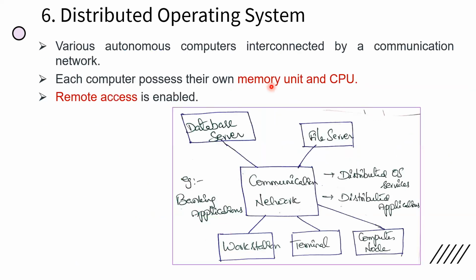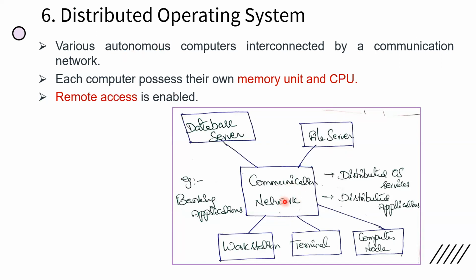The next type of operating system is a distributed operating system. Here, various autonomous computers are interconnected by a communication network. You can see in the diagram the database server, file server, a workstation and a terminal, all connected to a communication network.